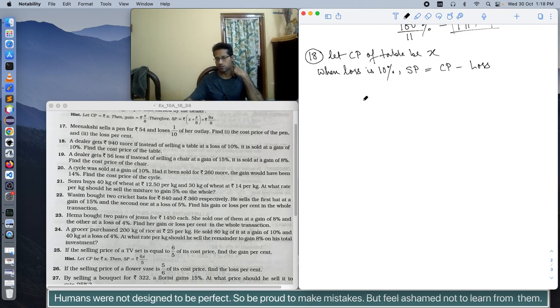So if there is a loss, the selling price is equal to cost price minus loss. Now cost price is X, and what will be the loss? Loss is loss percent of CP. This is equal to X minus the loss percent, which is 10%, because we are considering the case when there is a loss of 10%.